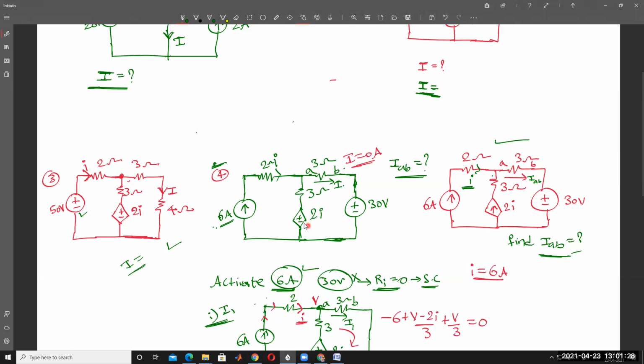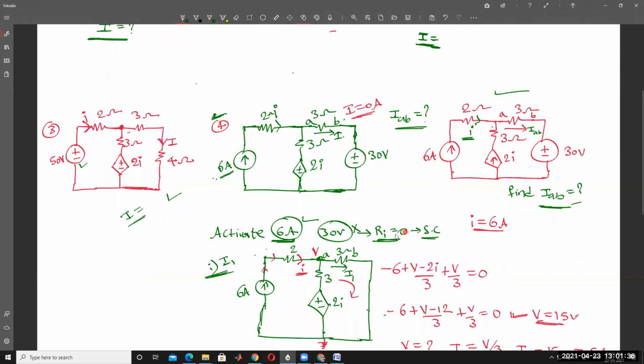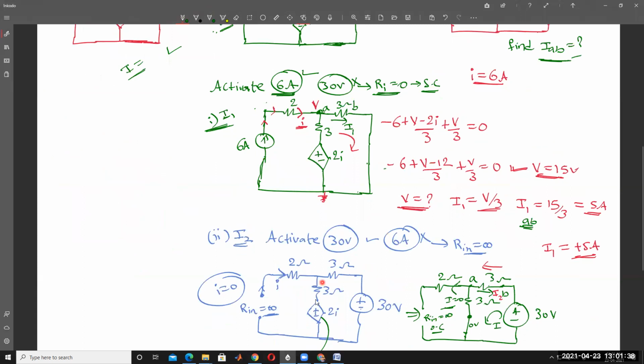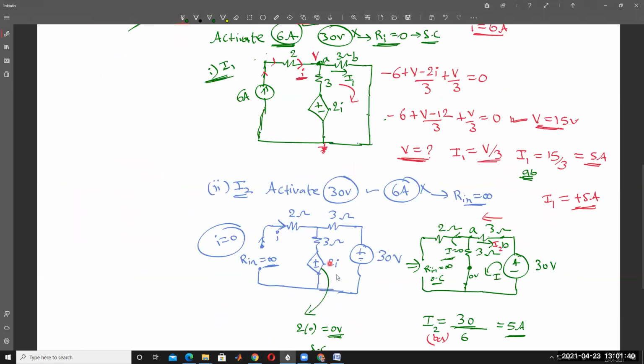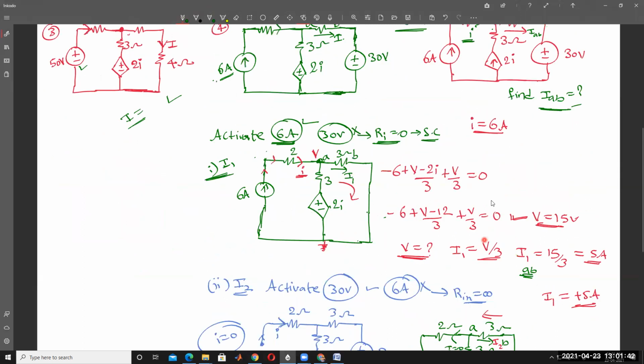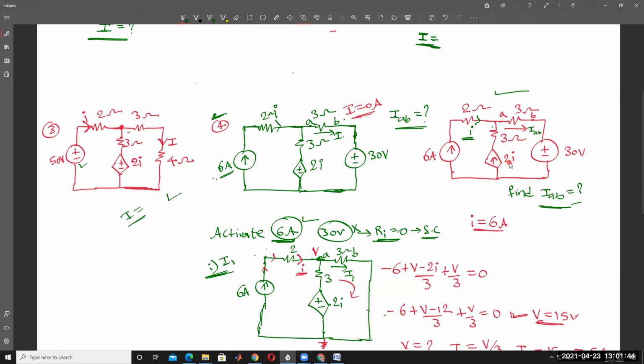Understood? What is the difference between here and here? This is a plus minus voltage source, a current dependent voltage source. Here it is a current dependent current source. If the current I is equal to 0, 2I is equal to 0. This current source 2I equal to 0 means current 0, which means open circuit.